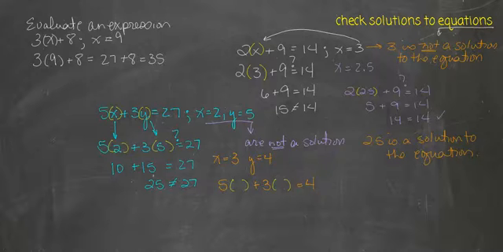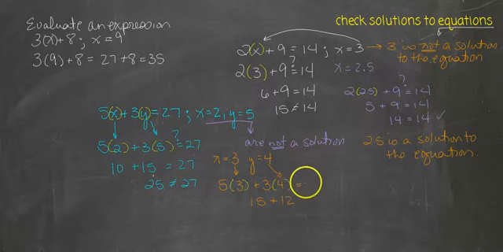And I want to plug in a 3 for x, right? So my first 5 times x, I want to plug in a 3, and I want to plug in a 4 for y. So 5 times 3 is 15, plus 3 times 4 is 12. Oh, I wrote the wrong number here.